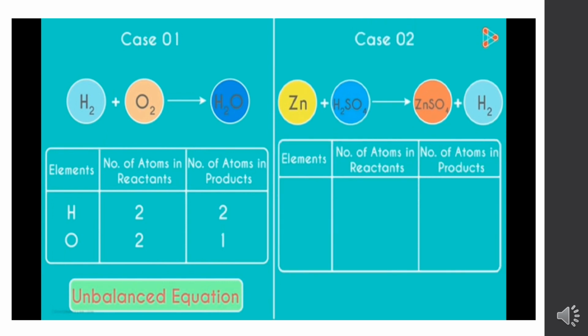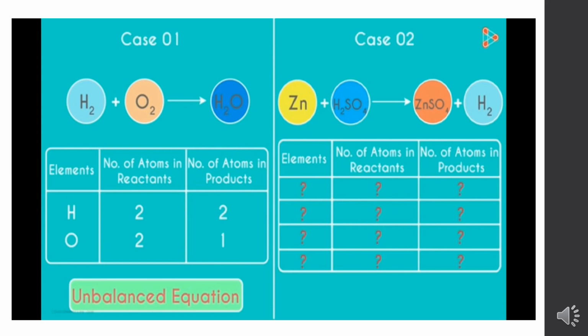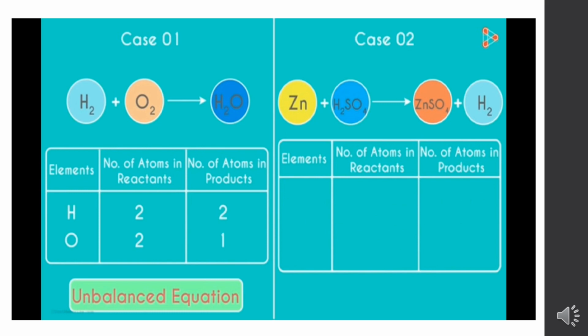Do you know what we can call such an equation? Yes, unbalanced chemical equation. If the number of atoms of each element on the reactant side is not equal to the number of atoms present on the product side, it is called an unbalanced chemical equation.